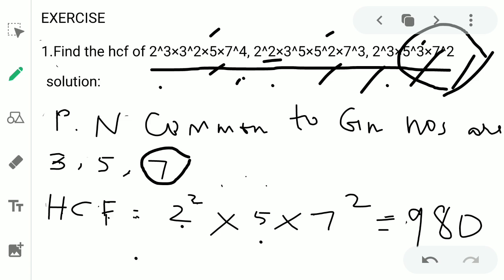And 7 power 4 here, 7 cube here and 7 square here. 7 square is the least one, so I am writing 7 square. So it becomes 4 into 5 into 49, and you get the answer 980.